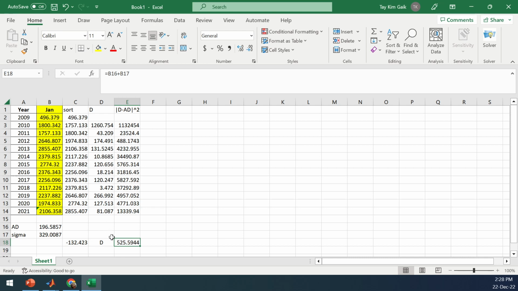So D should be inside this interval. Hence, this D is actually outside of the interval. The rest are already inside the interval.